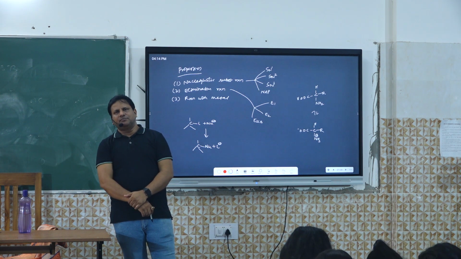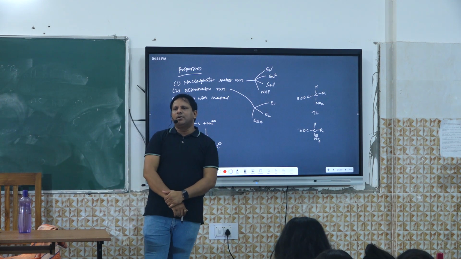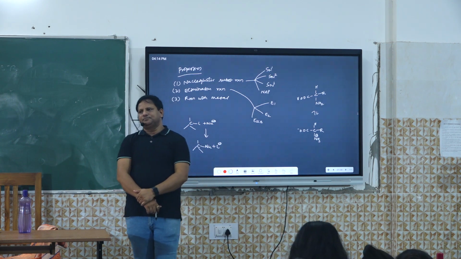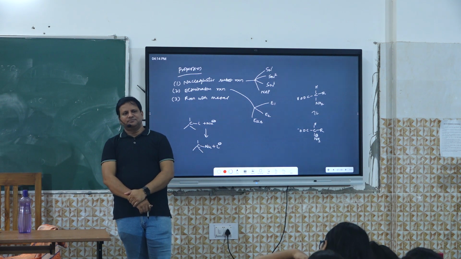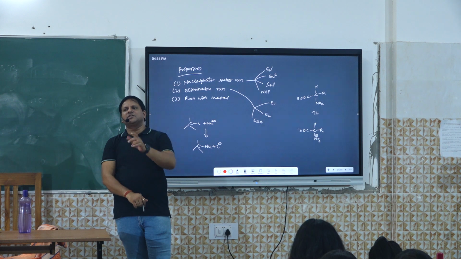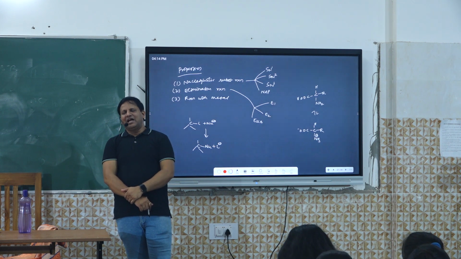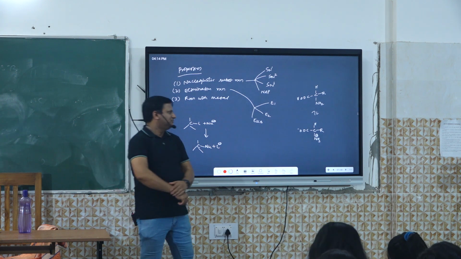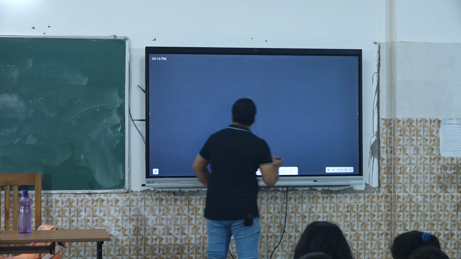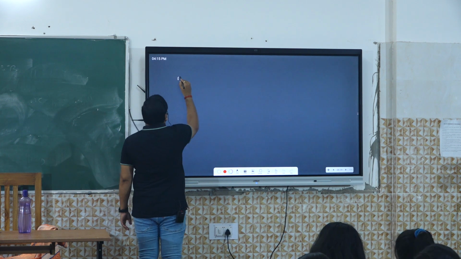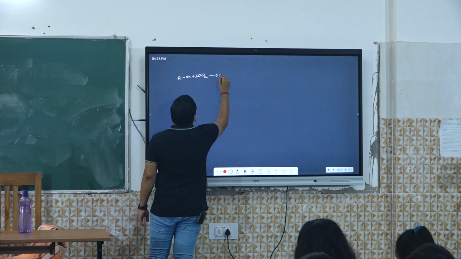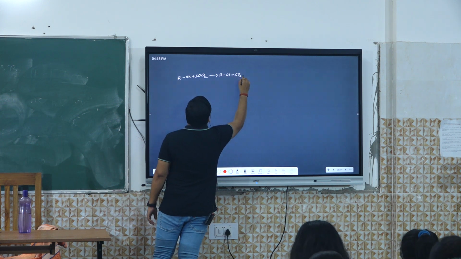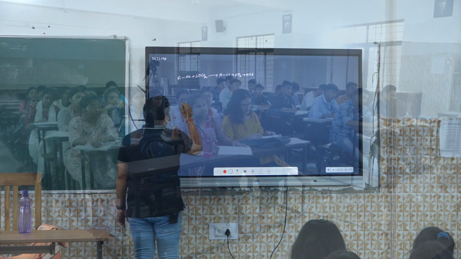So any reaction you remember related to SNi? Alcohol plus SOCl2 is the example of SNi. Just now we have discussed and all of you know this reaction very well.